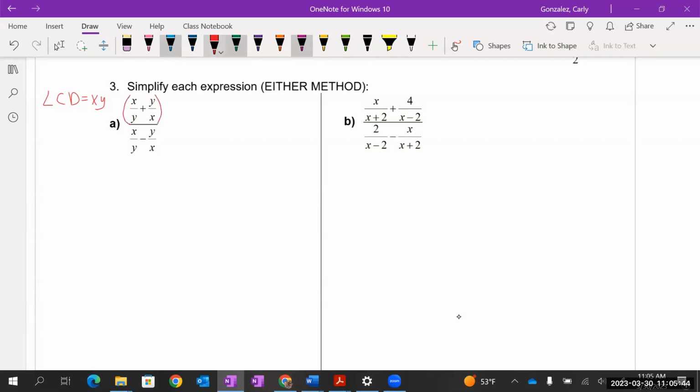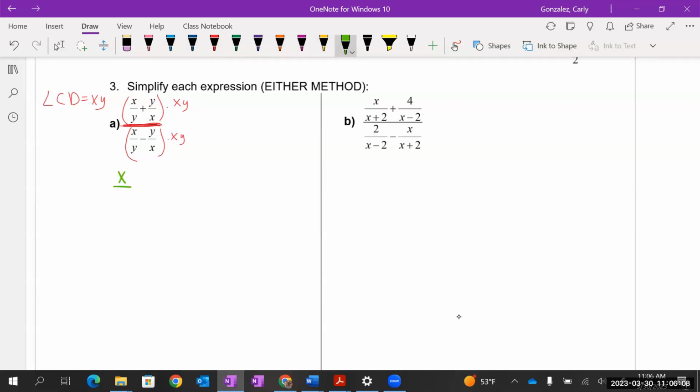So what we're going to do is multiply the top and bottom of this big fraction by the LCD. So I'll multiply by xy, top and bottom. And notice, because I'm multiplying over addition or subtraction, I need to distribute. So let's go ahead.